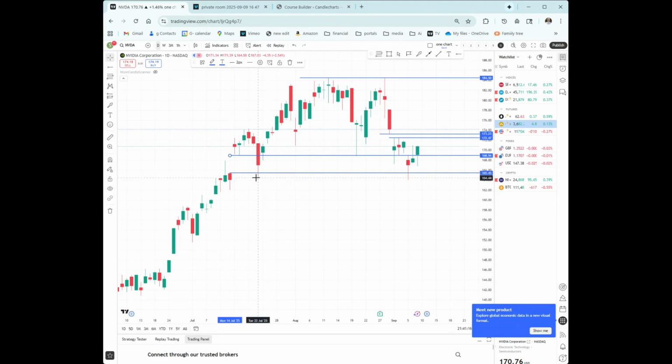But on an intraday basis, which is this is the daily chart, I would make it this zone over here. Okay, right over here. And then under that, the rising window.